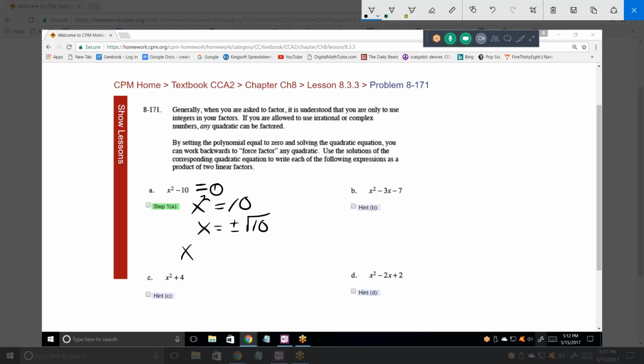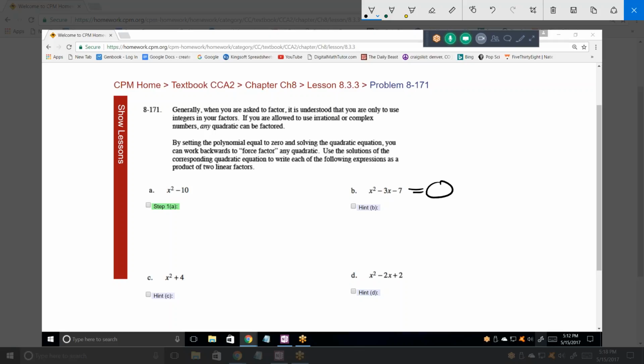So you have x minus the square root of 10 times x plus the square root of 10. In other words, I didn't necessarily have to treat it as difference of squares. It's just easier that way. But the way I'm going to solve all of these is by setting them equal to 0 and then solving it the way you normally would.